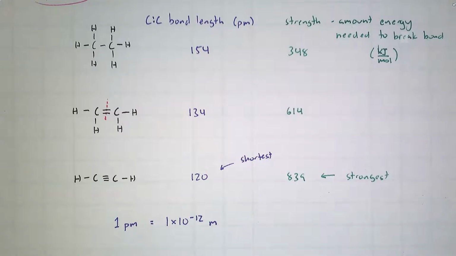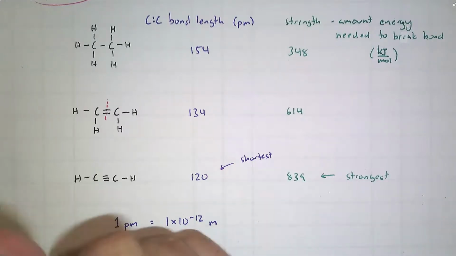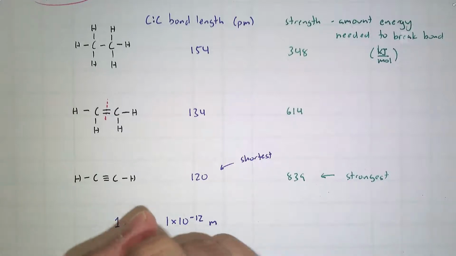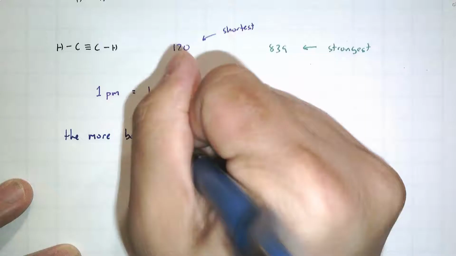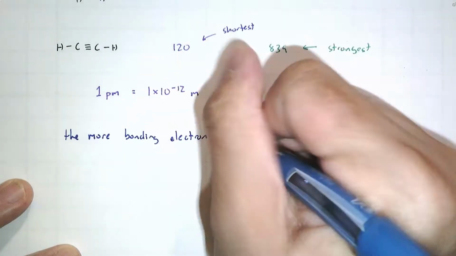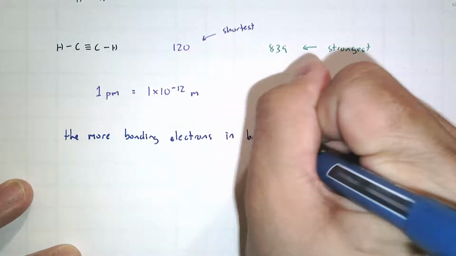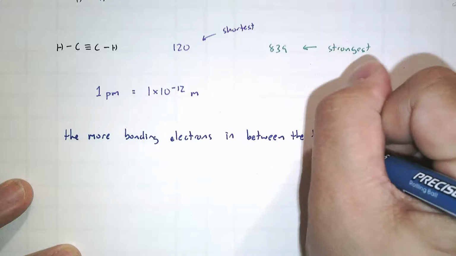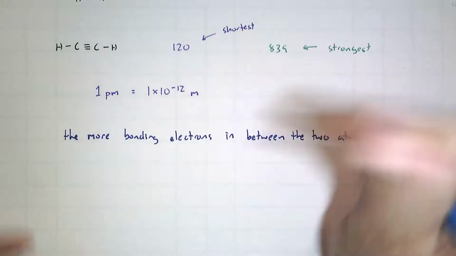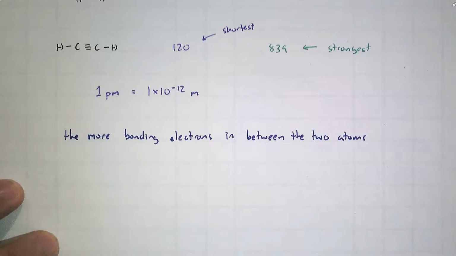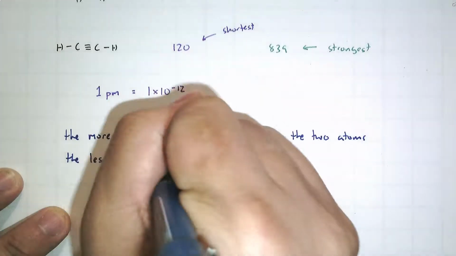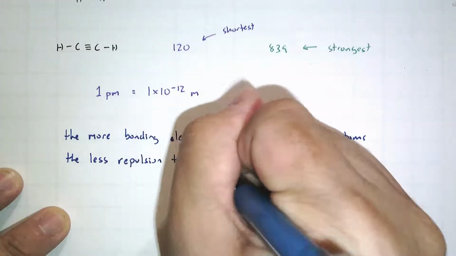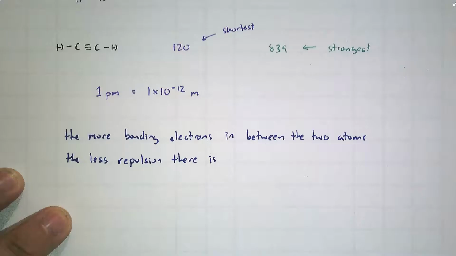Why is that the case? That's the case because the more bonding electrons in between the two atoms, the less repulsion there is between the two positively charged nuclei of the atoms.